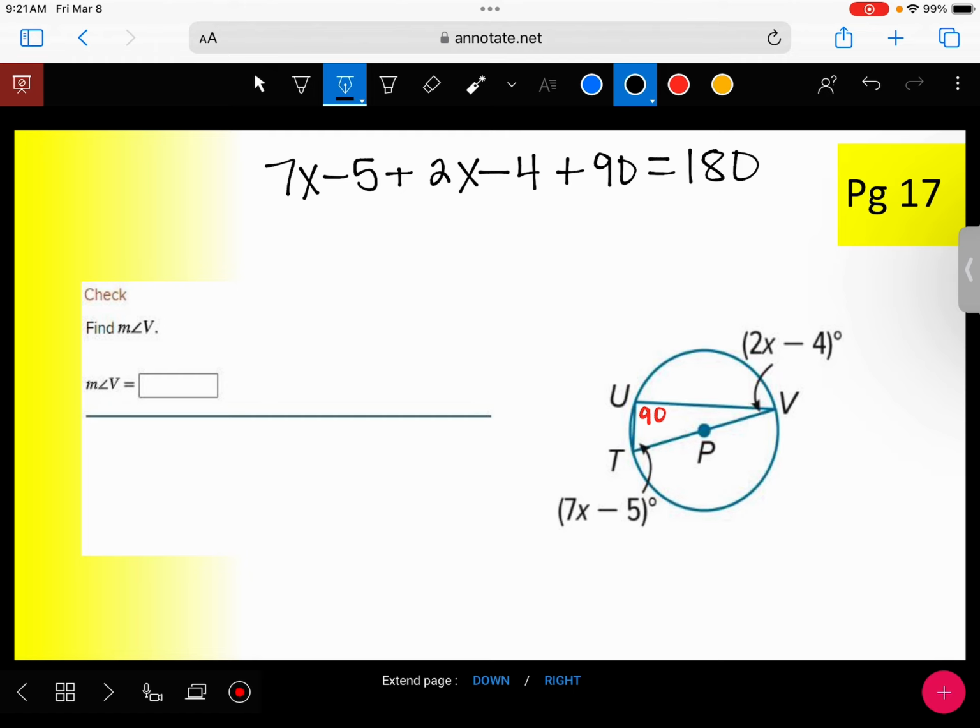What did you all get? So they're on the same side. You just add them together. So 7 plus 2 is 9. There you go.